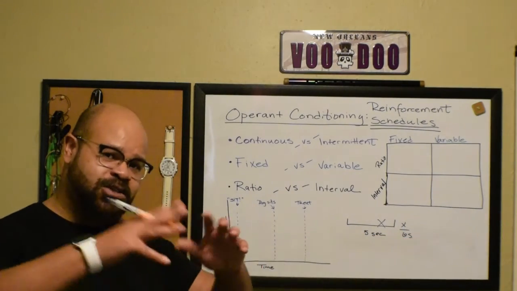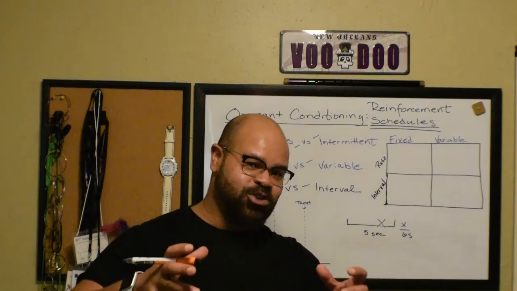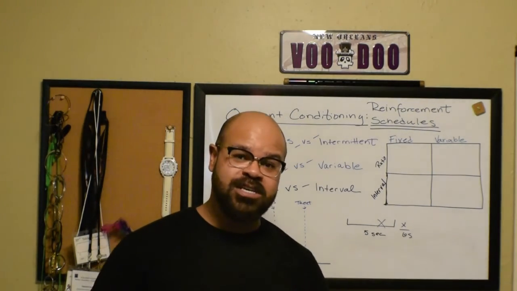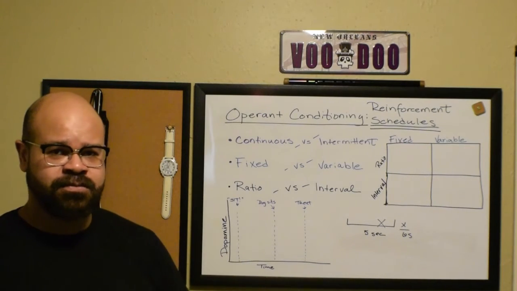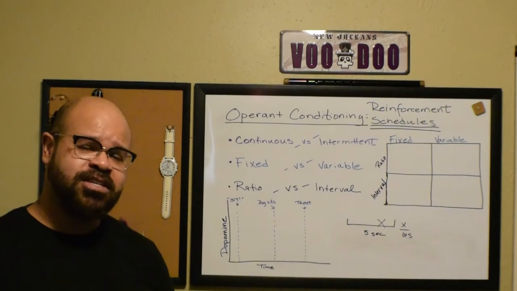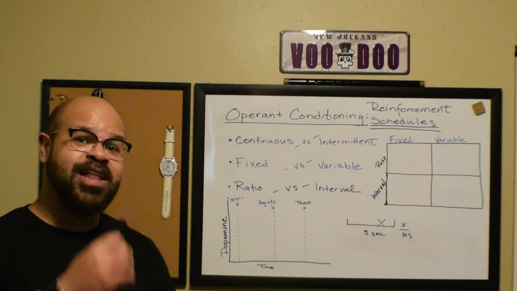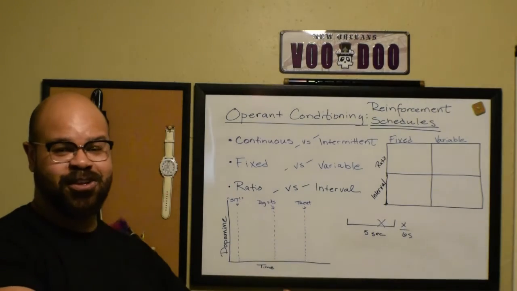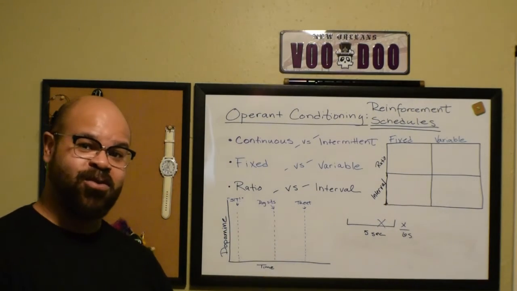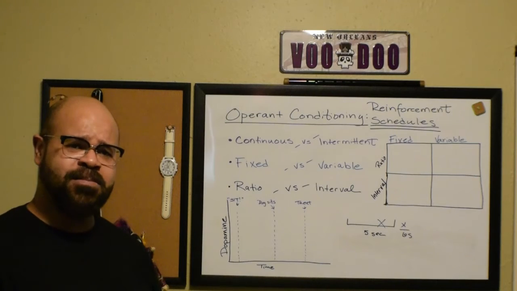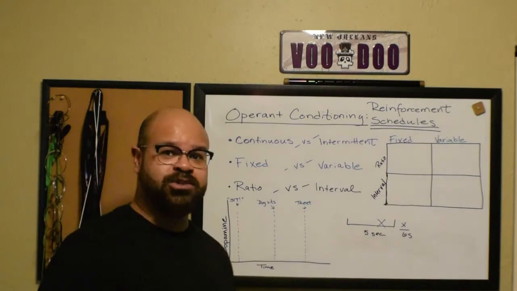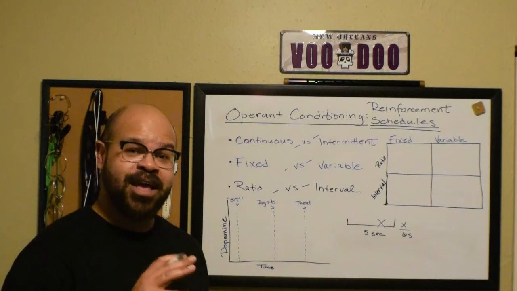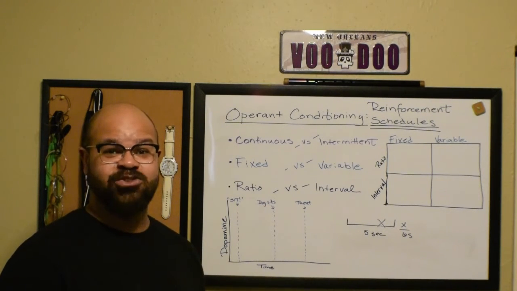And so the interval schedule is about setting up a designated interval of time in which the subject has an opportunity to complete the desired behavior. In lab experiments, this might look like flashing on a red light, and if at the time that the red light is on, the mouse presses some lever, right, he'll get a food reward, he'll get some type of treat. Versus a ratio schedule, which would be every time he presses the lever, he gets a treat, or every 4 times he presses it, he gets a treat, right?